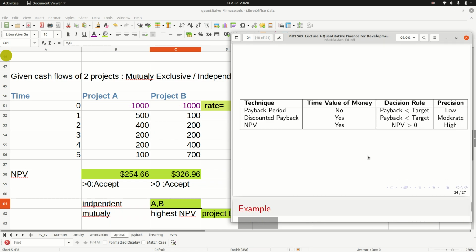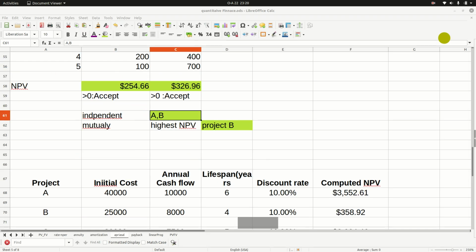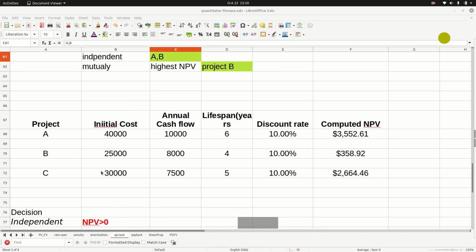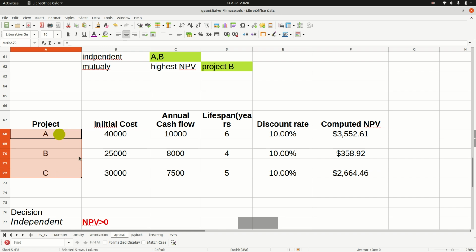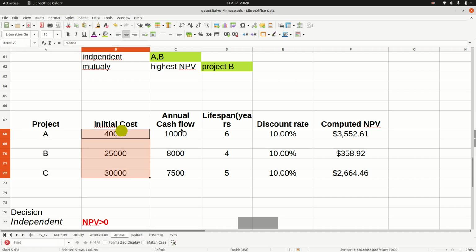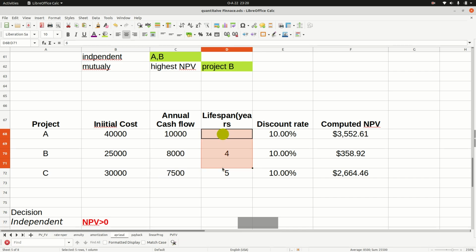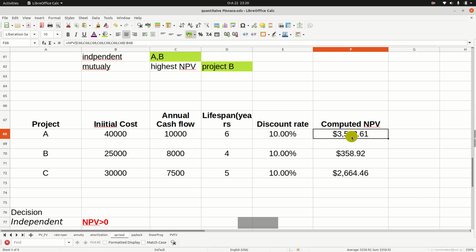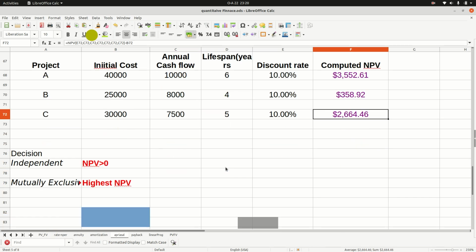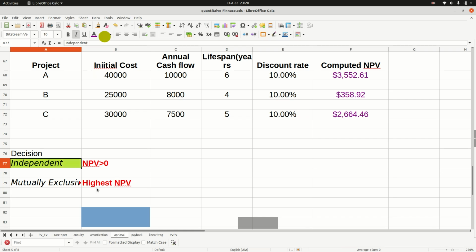So yeah, I have it here. Now let's take another example. Assuming I have 3 projects, with the initial cost here and their annual cash flow for 6 years with this discount. Assuming I've calculated the NPVs, and I have these values up at 10. That is the assumption. It asks which of the projects you would go for if they are independent, and which of them you would go for if they are mutually exclusive.